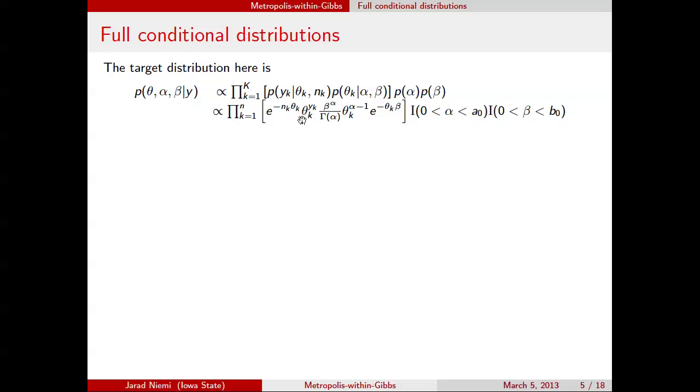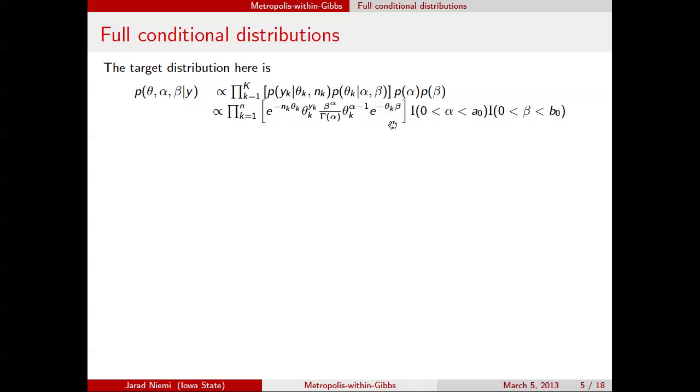It also doesn't have an n_k raised to the y_k. This piece should be n_k theta_k all raised to the y_k, but n_k to the y_k doesn't have a theta, alpha, or beta in it, so that can all just be dropped. The next piece we have is the prior for all of the different expected death rates.